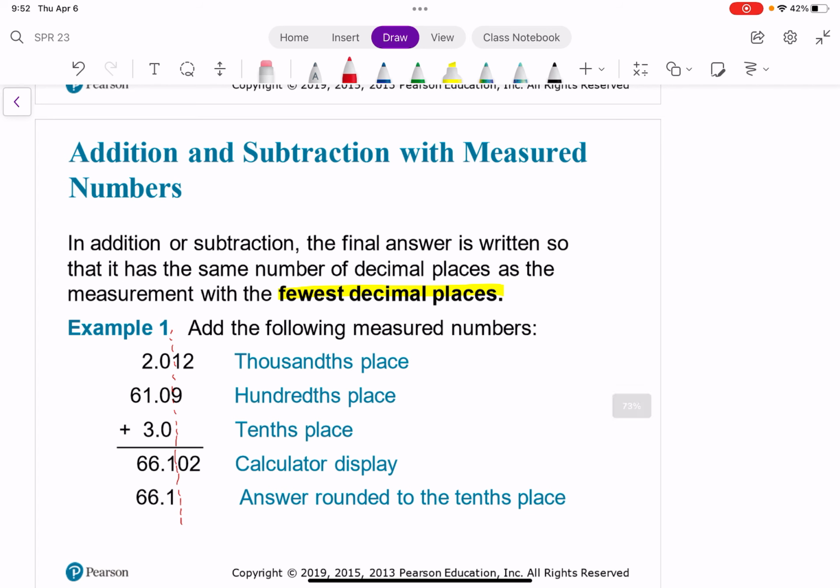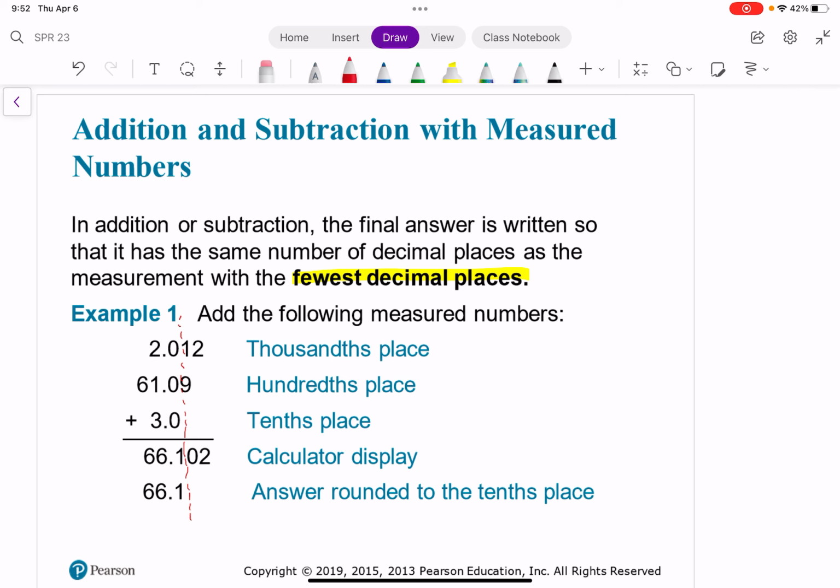Okay, so for adding and subtraction, we're looking at decimal places. The previous professor who used these slides already did the work for us. The lowest decimal place that we have is the tenths place. These other measurements go out further: this one goes to the hundredths place, and this one goes to the thousandths place. If you need a refresher on the place values, go watch the math review, I think in the first math review video. So we need our final answer to be reported to the tenths place because that's the lowest decimal place.